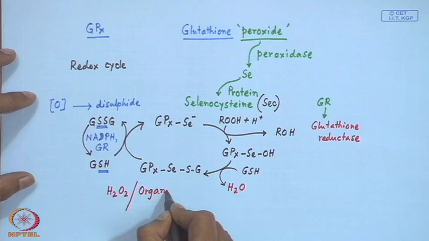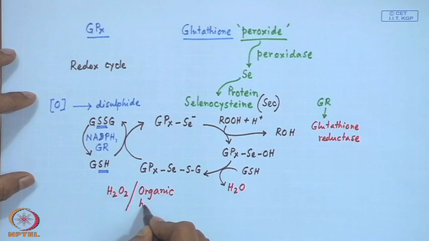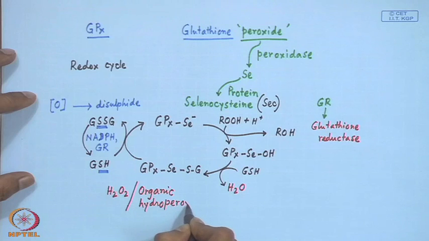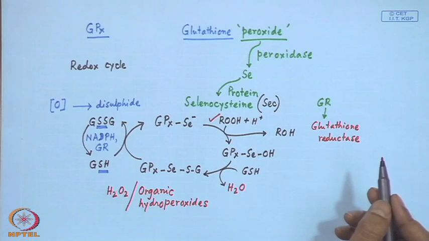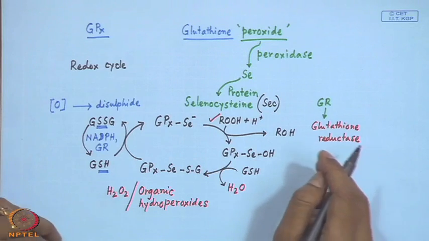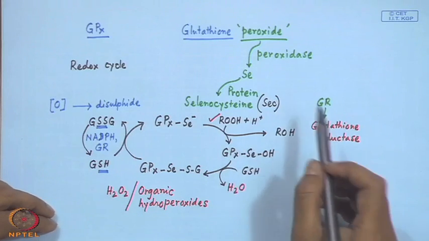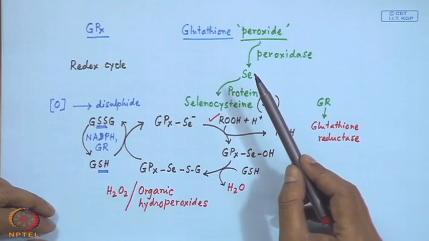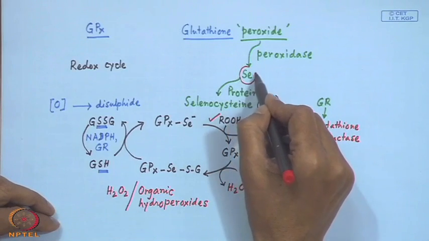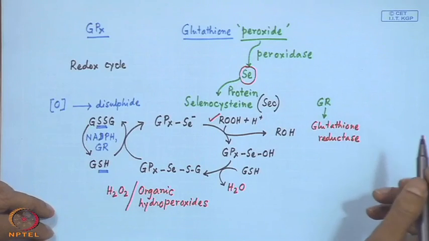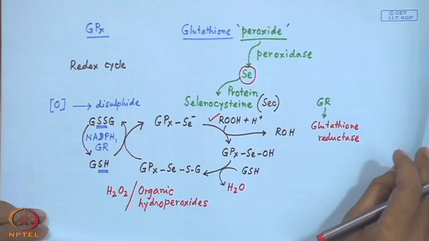Because this is the first enzyme of this type which bears the selenium atom and was first discovered, the glutathione peroxidase molecules are so important to know.